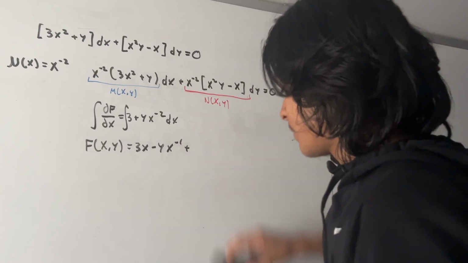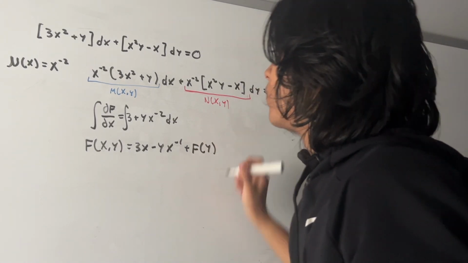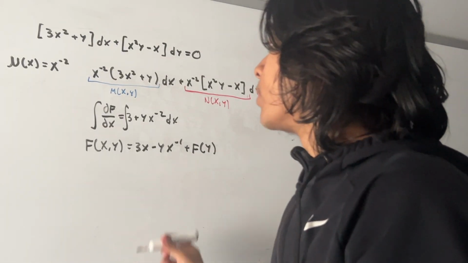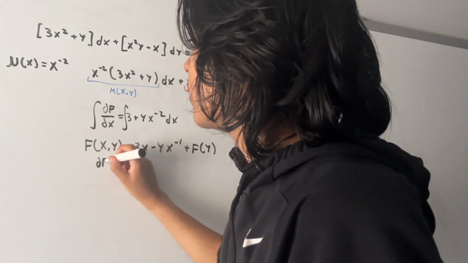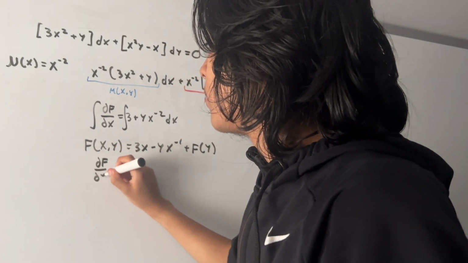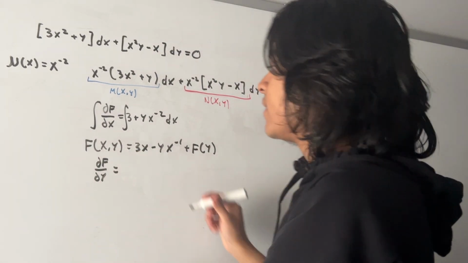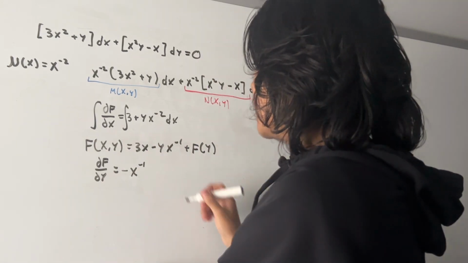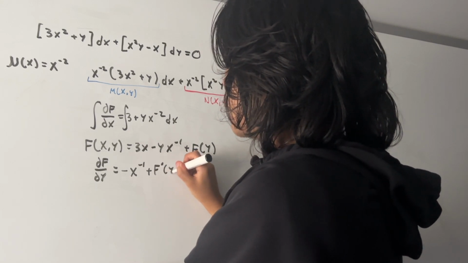So I'm going to write f of y. We could take the derivative with respect to y on both sides. So on the left side, we're left with partial f, partial y. And we take the derivative with respect to y on this side, we get negative x to the -1 plus f prime of y.